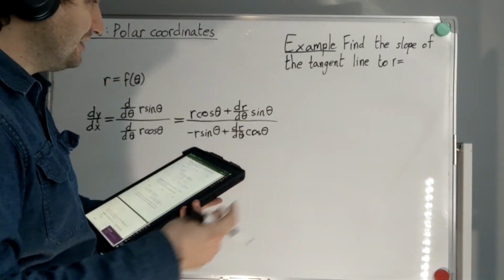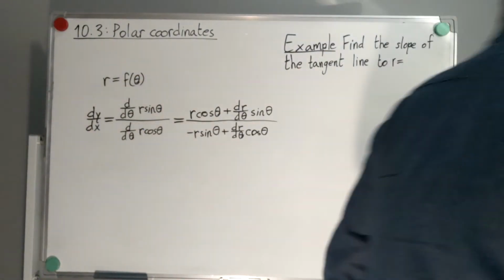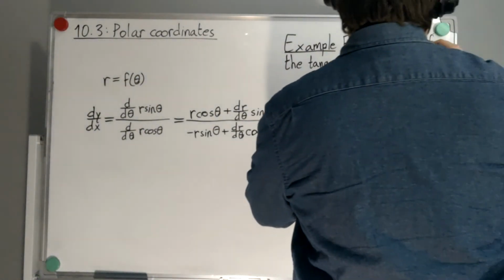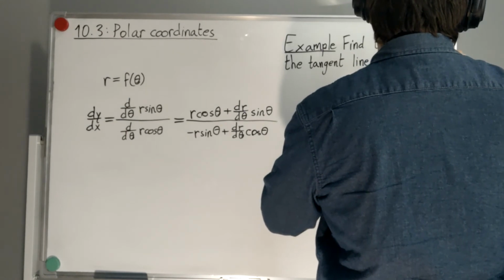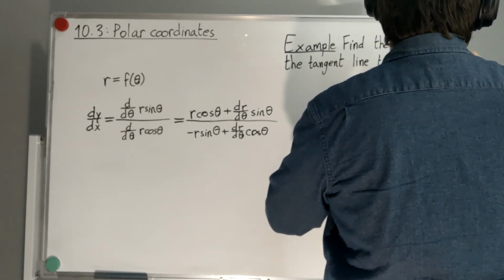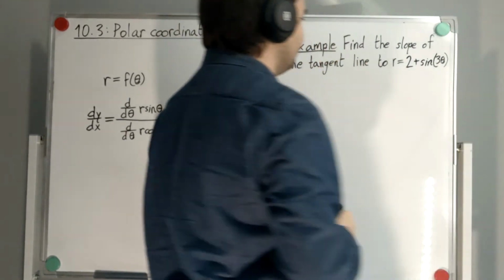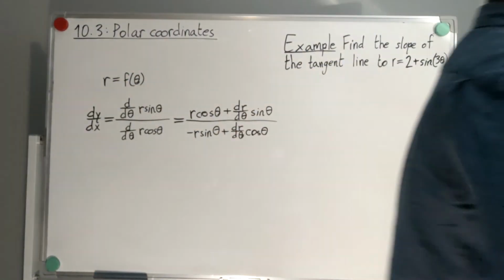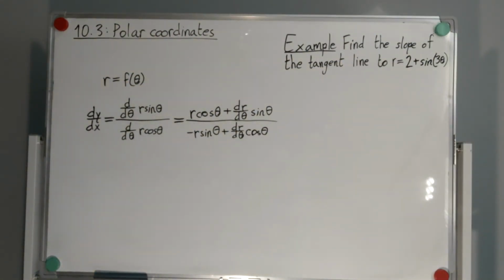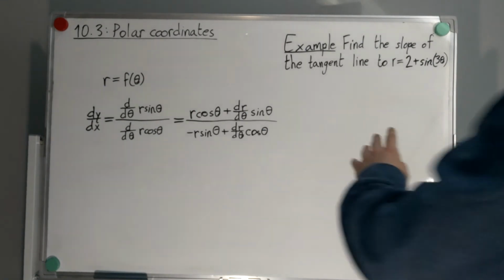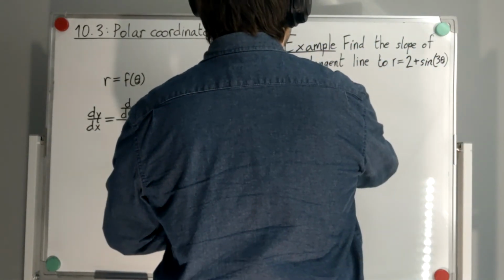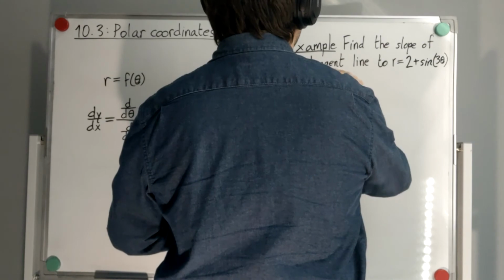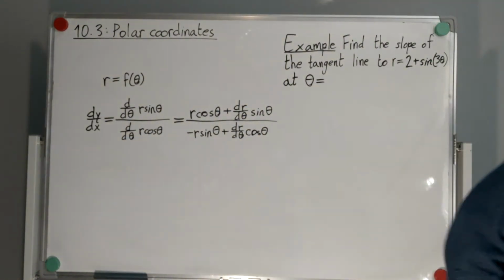So 2 plus sine of 3 theta. And let's say at the point theta equals pi over 4.